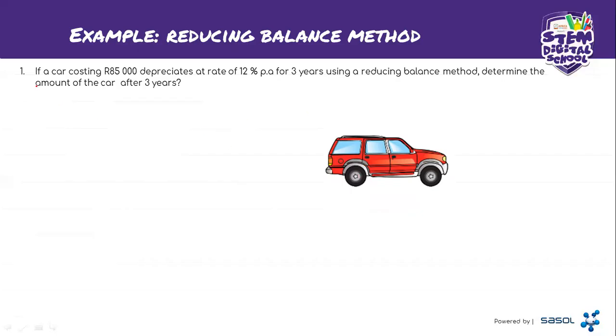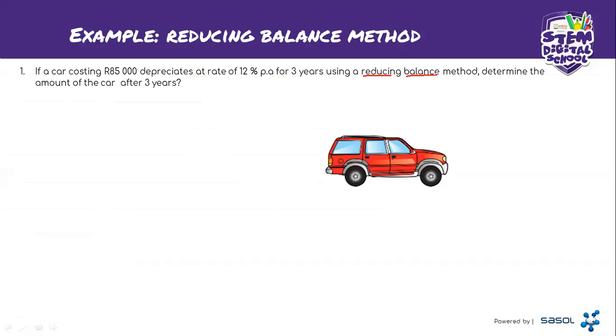Okay, now the first question says a car costing 85,000 depreciates at a rate of 12% per annum for 3 years using the reducing balance. What is nice about this question, they will always tell you which method to use.